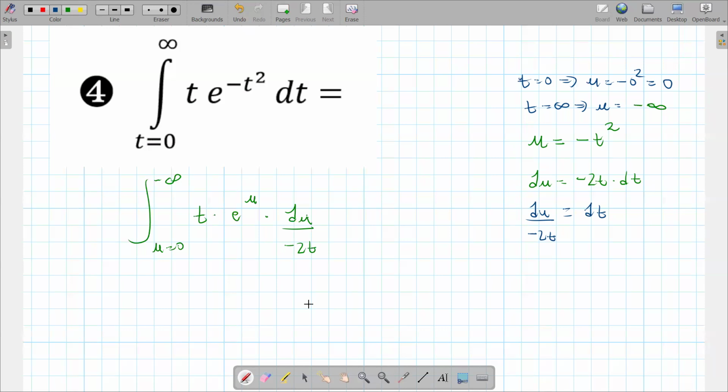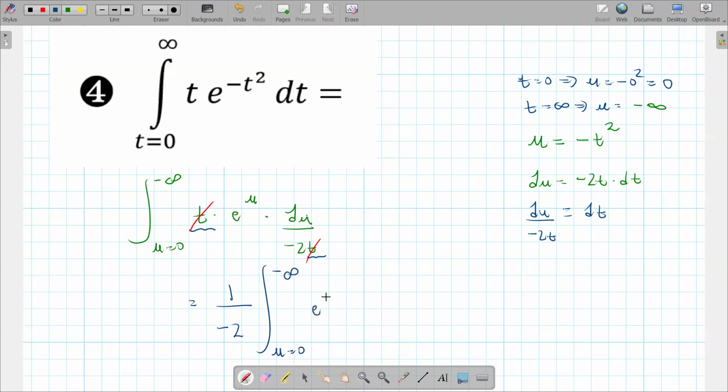Notice we have two variables. We don't really want two variables. We want to kill the t's if possible. See, there's a t here, t here. Gone. Minus 2, we can pull it out. You don't have to, but I like keeping it clean inside the integral.